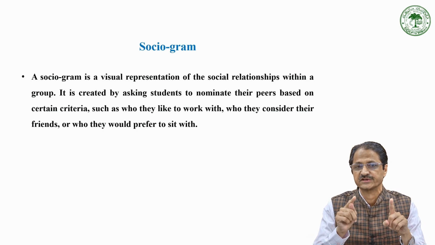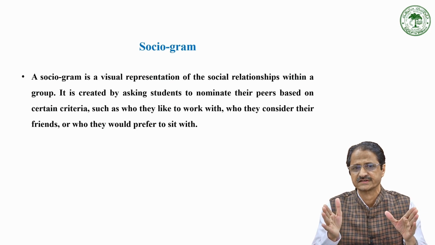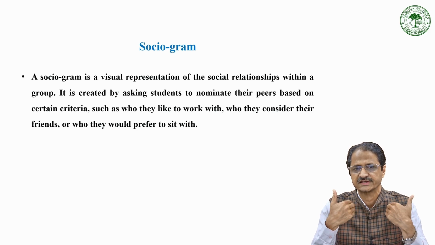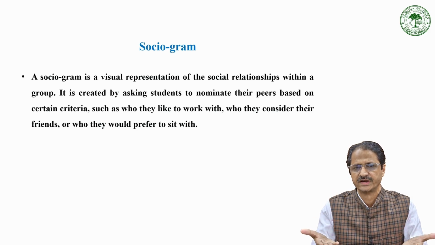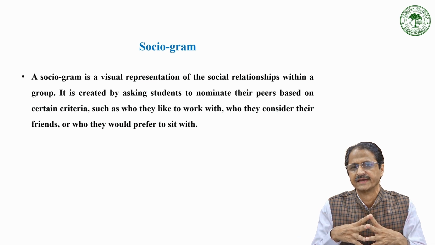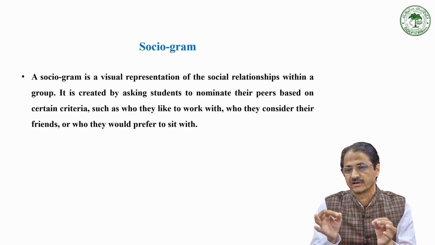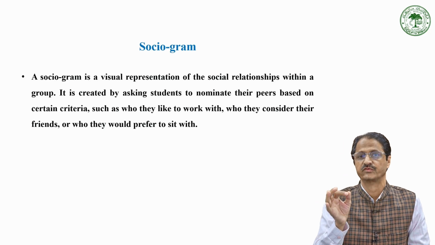These are different types of tasks and social situations, and on the basis of these we can seek the responses of the students, and their responses can be evaluated and analyzed, and we can decide the type of group dynamics present among members of the group.